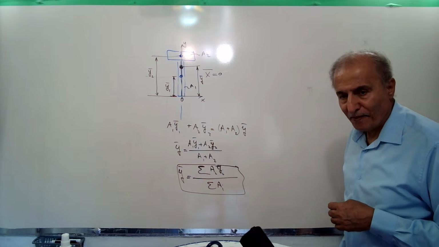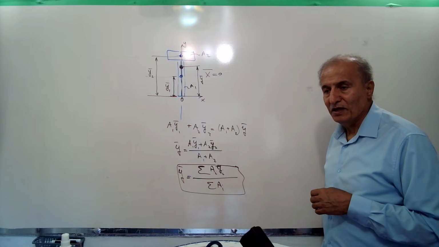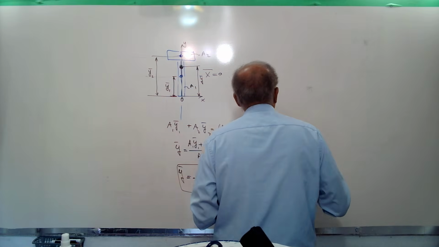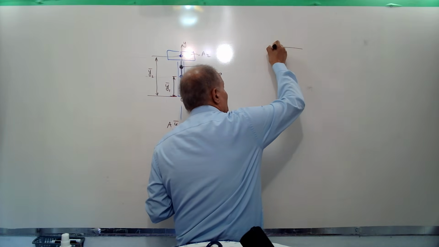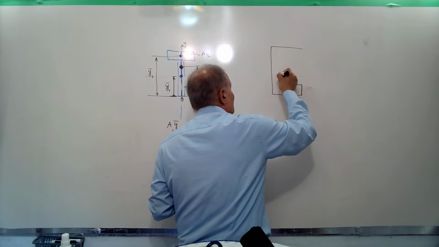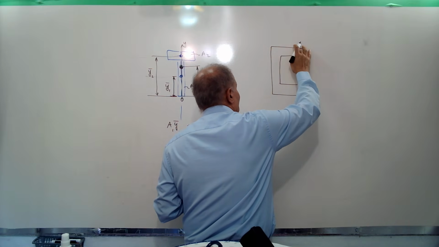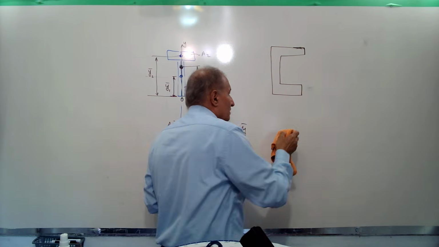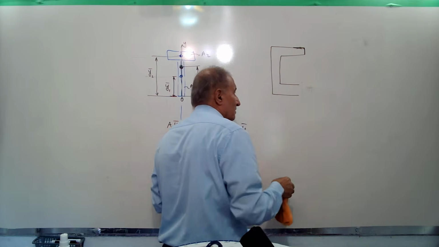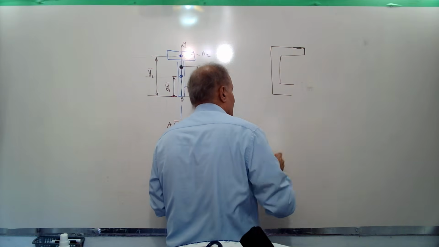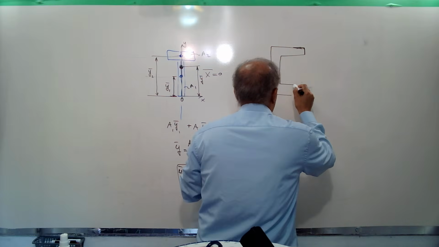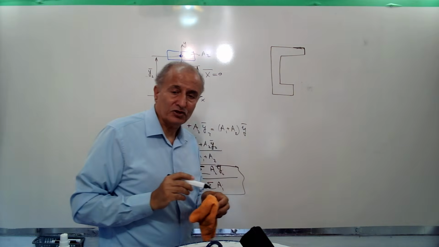If we have a vertical axis of symmetry, then we don't calculate x bar. But sometimes it happens that there is no axis of symmetry. If I change it to this part, for example, assume that we have this shape.